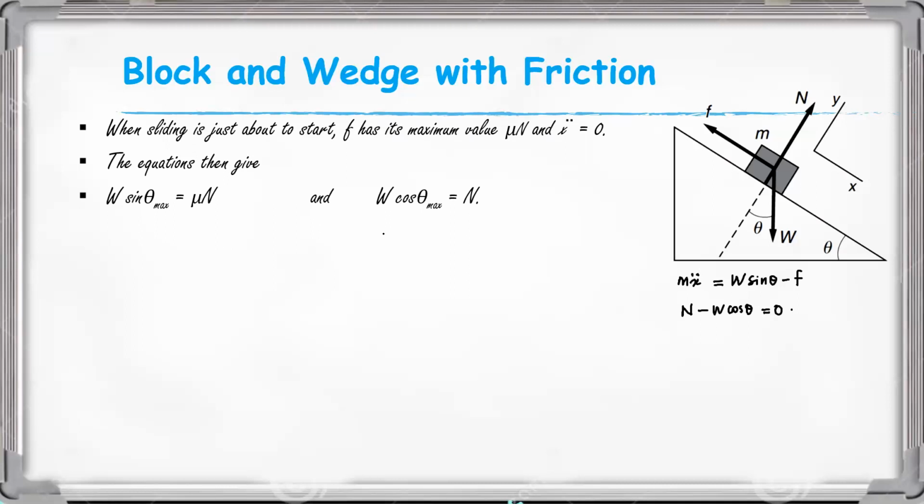Okay. When we divide these two equations, W sin theta max is equal to mu N, W cos theta max is equal to N. We divide, W sin theta max divided by W cos theta max is equal to mu N divided by N. Then W cancels and N also cancels.